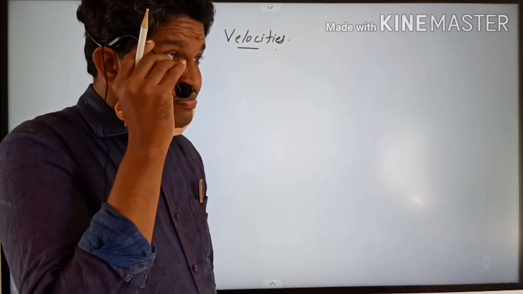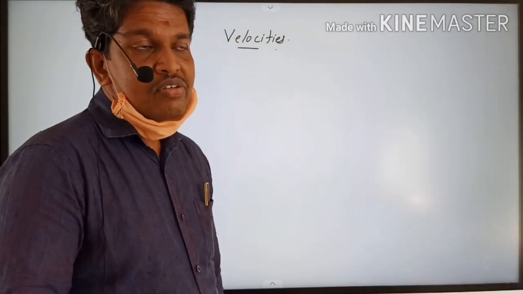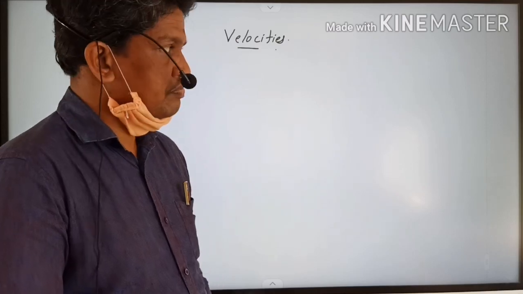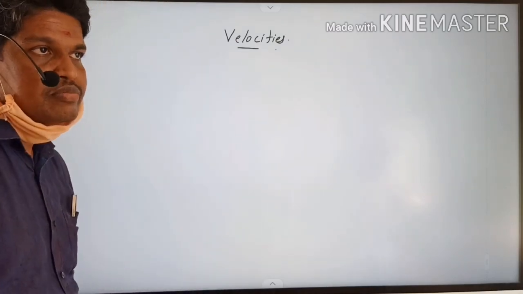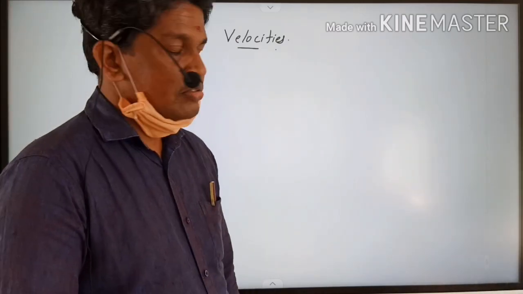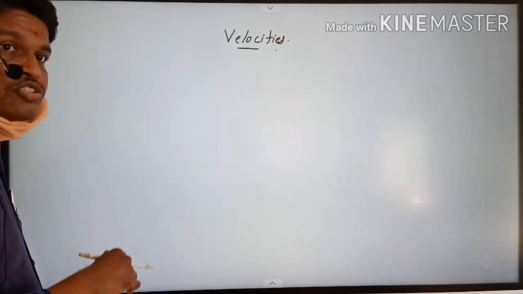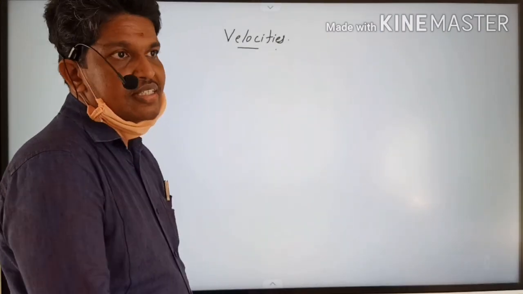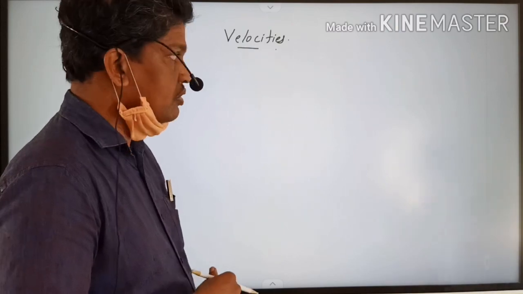So we have to average the velocity of the mixture, and the average can be done in two ways. One is based on the mass, and the second one is based on the mole.